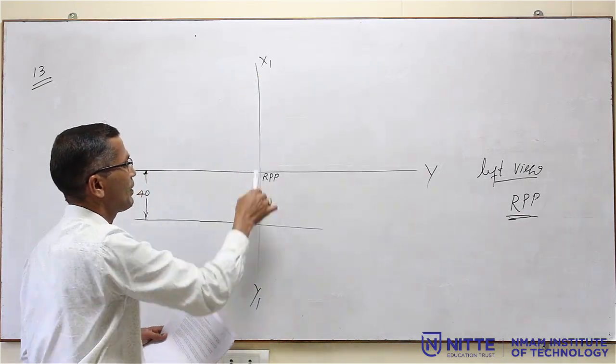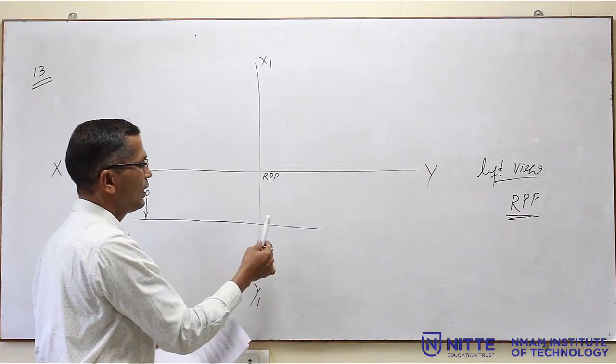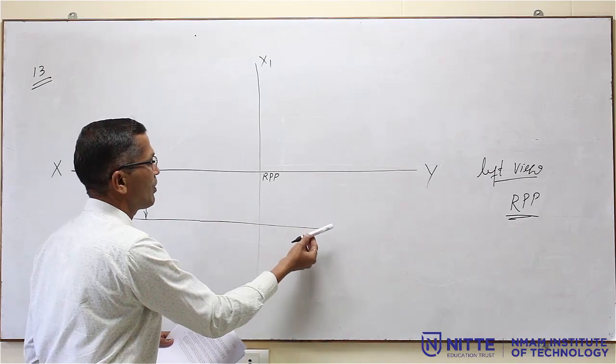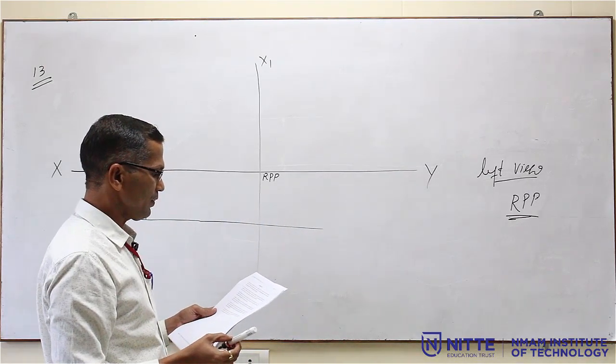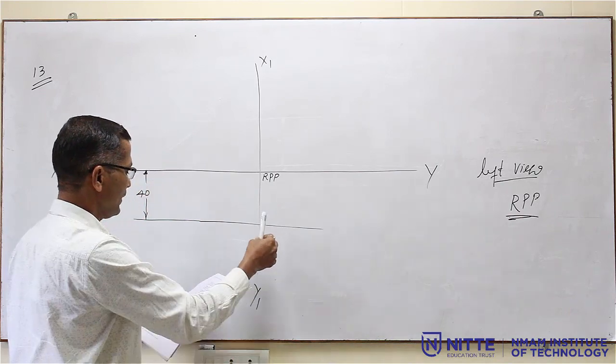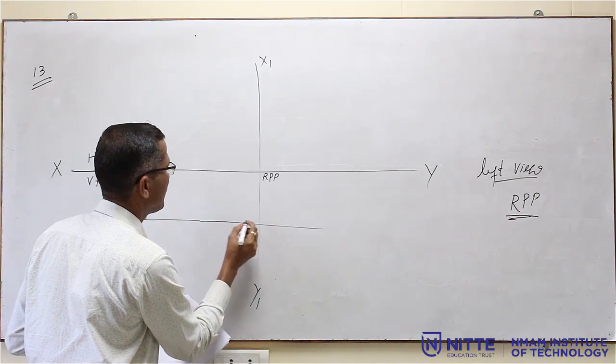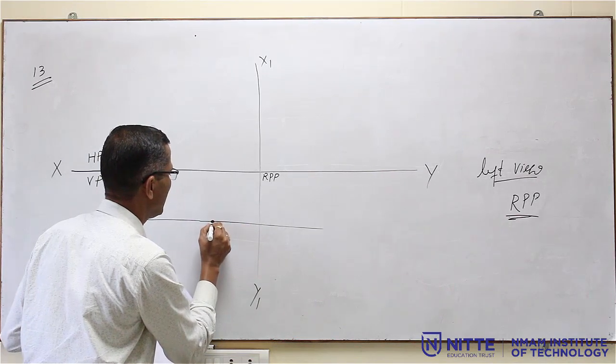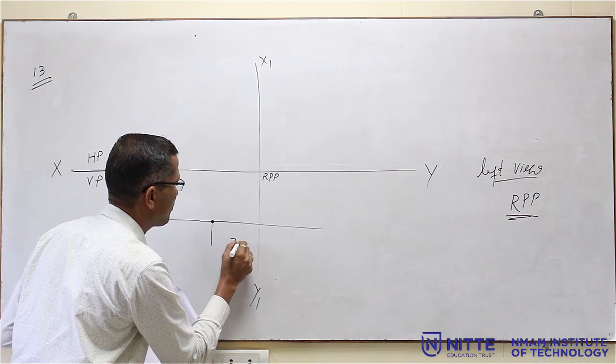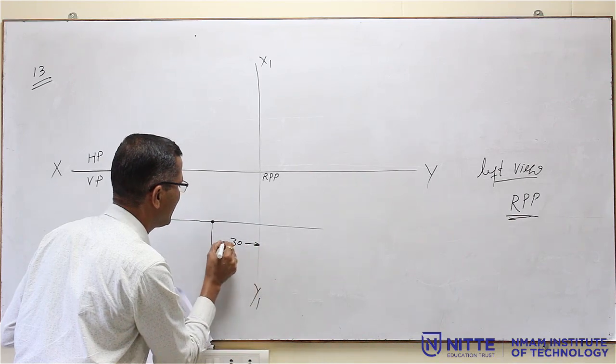Now, this is the x1 y1 line, it is 40 mm below and it is on either side of x1 y1 line. How much? Front view is 30 mm here, from here you measure a distance of 30 mm. So, this distance will be 30 mm from x1 y1.